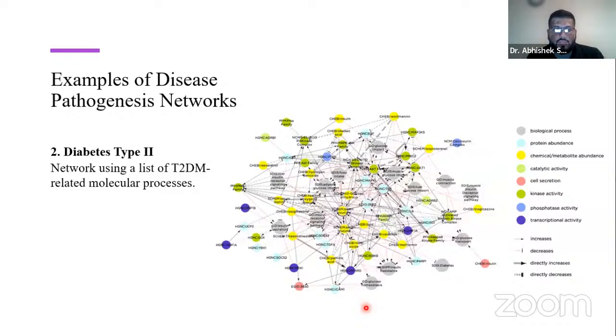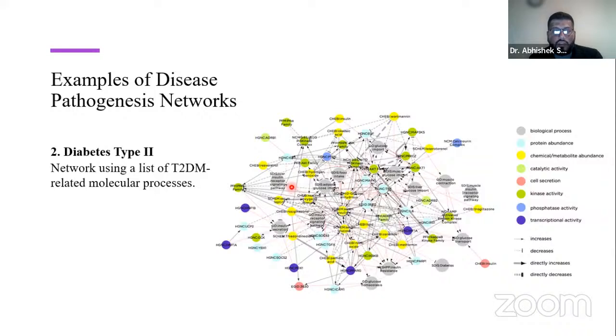Then the next example where you can study disease pathogenesis network is type 2 diabetes. The type 2 diabetes model has already been published. It's a systems based or network based model, where these various nodes actually denote the biological processes, protein abundances, cell secretion, the various activities actually, not the genes and proteins.